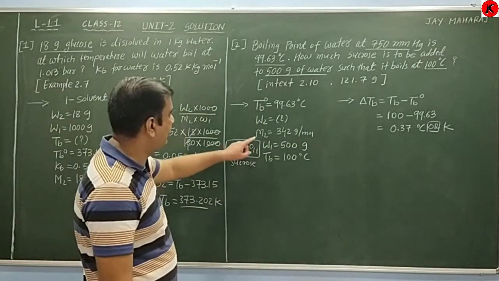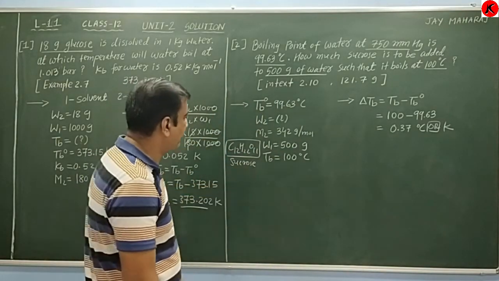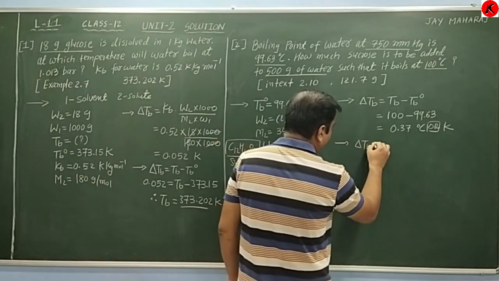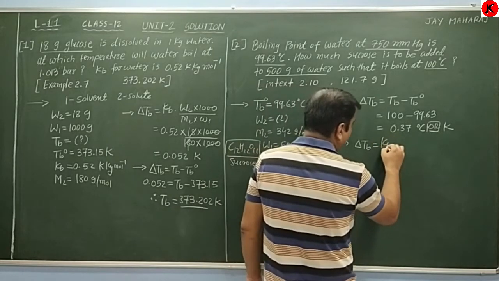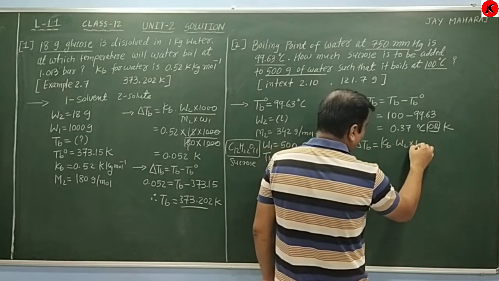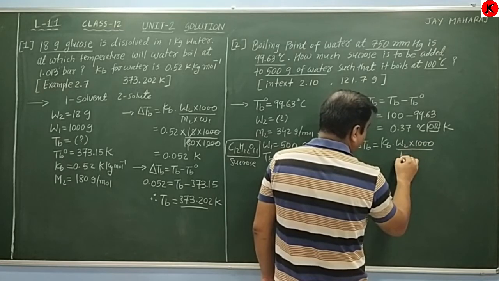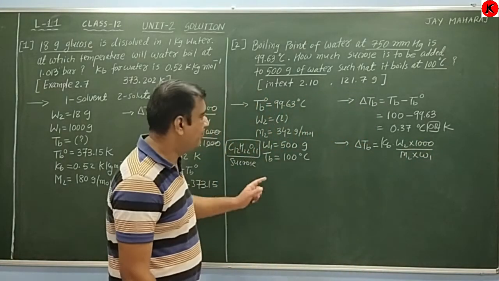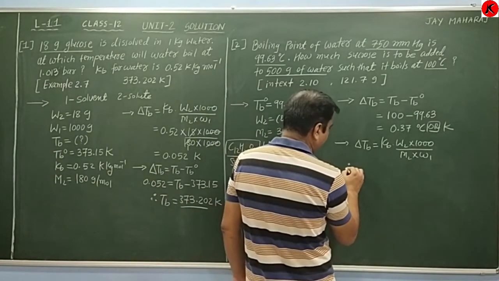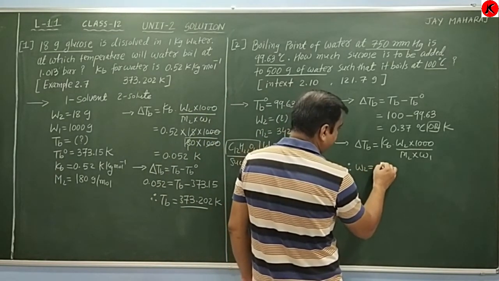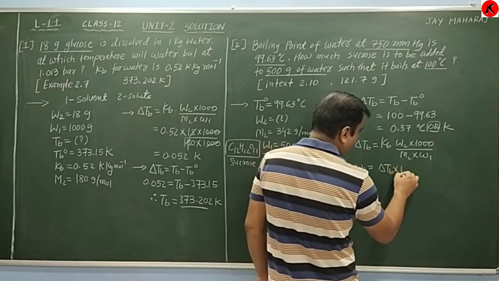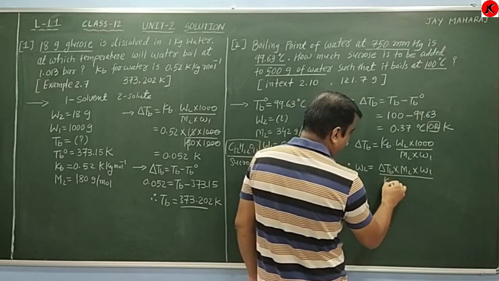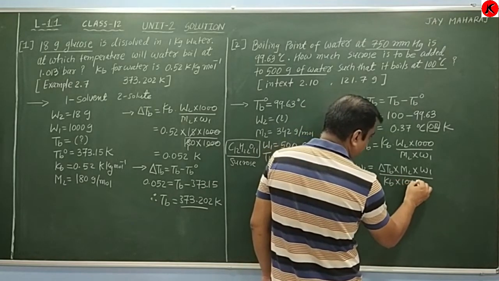Now we have to calculate W2, so write the formula of delta Tb: delta Tb equal to Kb into W2 into 1000 divided by M2 into W1. So W2 equal to delta Tb into M2 into W1 divided by Kb into 1000.